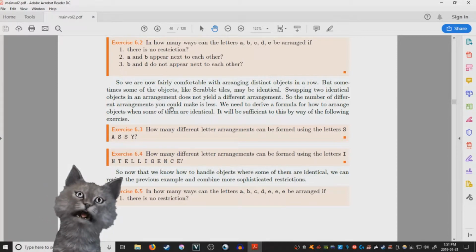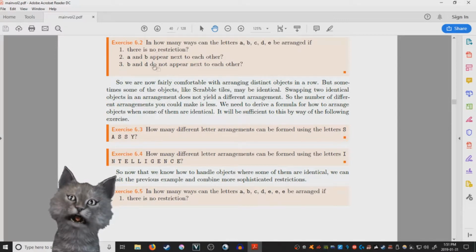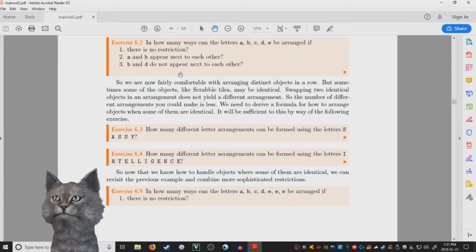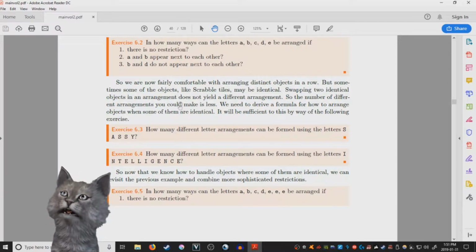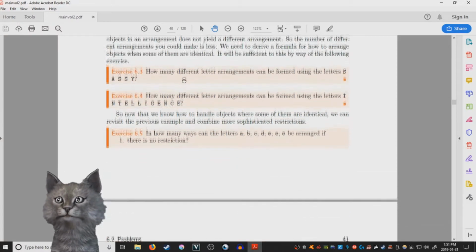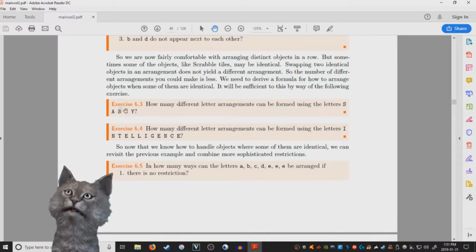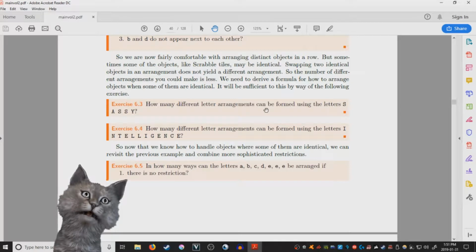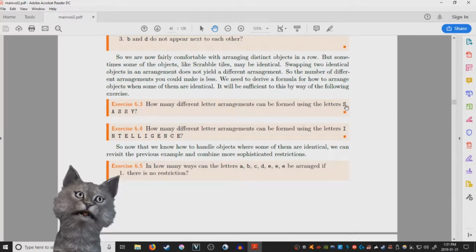So now let's see how my basic factorial approach needs to be adjusted to handle letters that are identical. And what I want to do is look at this middle one, 6.3, that asks, how many different letter arrangements are there using the letters SASSY?